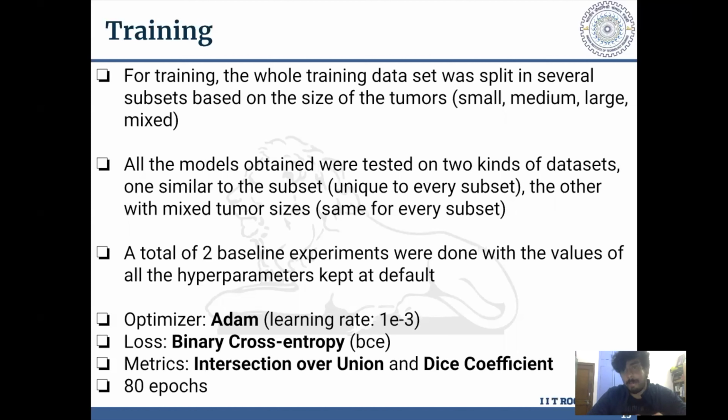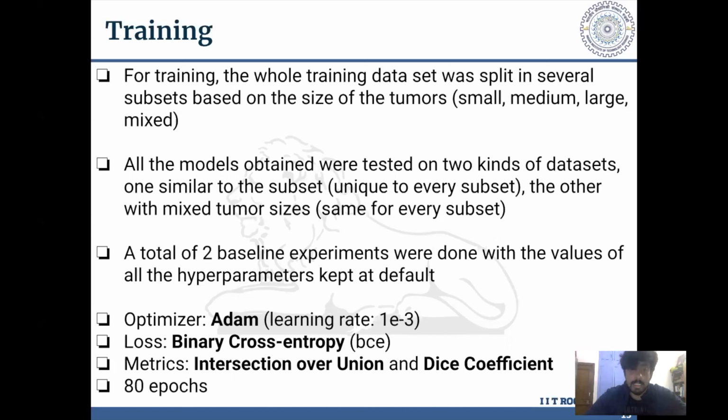For example, if my training subset consists of medium sized tumors, the mixed tumor sizes testing set would consist of small, medium, large, and mixed, every size of tumor, right? So a total of two baseline experiments were done with the values of all the hyperparameters kept at default. Right. So this was to form a baseline of what we should be improving on.